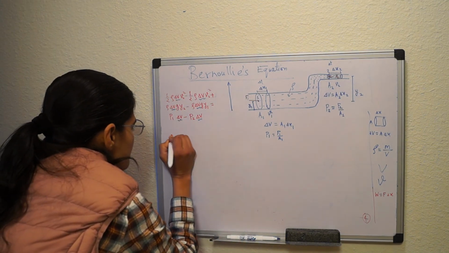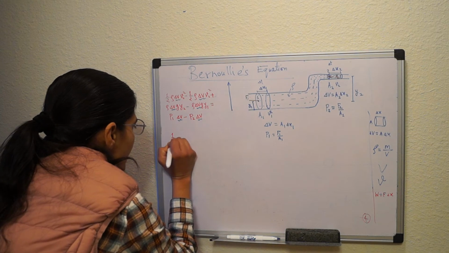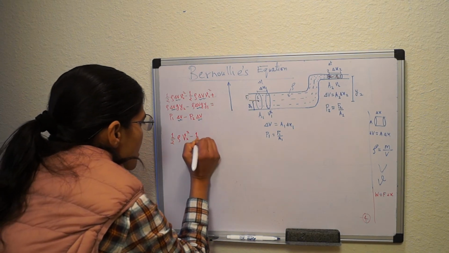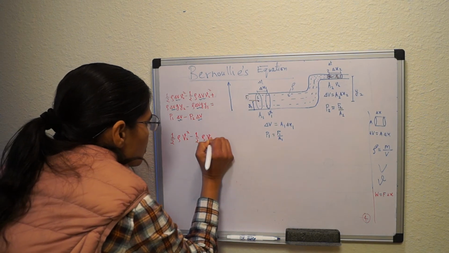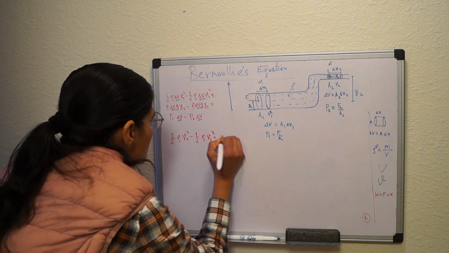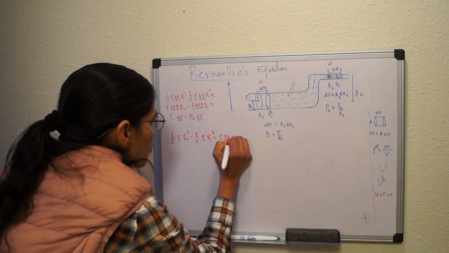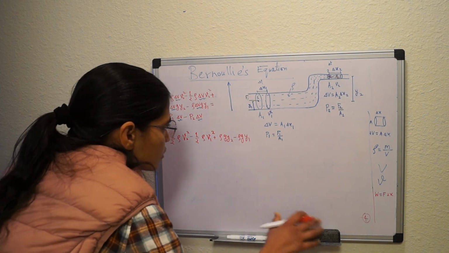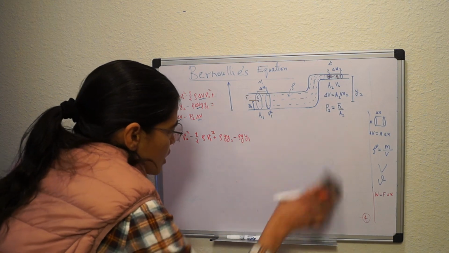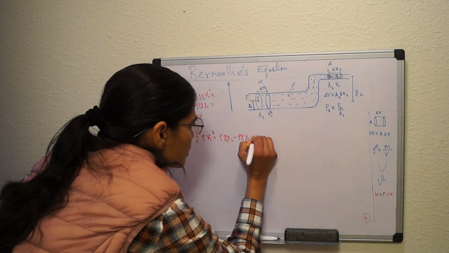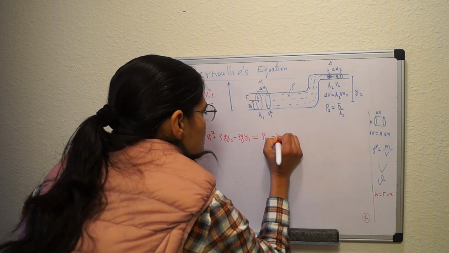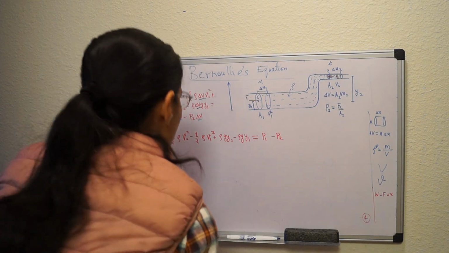Rewriting the equation, we get half rho v2 squared minus half rho v1 squared plus rho g y2 minus rho g y1. I'm going to write it in one single line, equal to P1 minus P2. Oh, this looks more neat now.